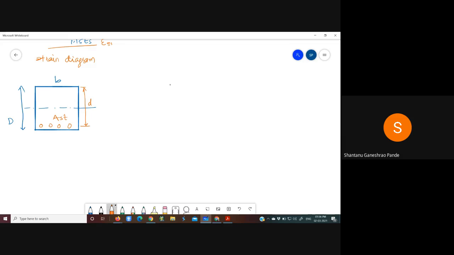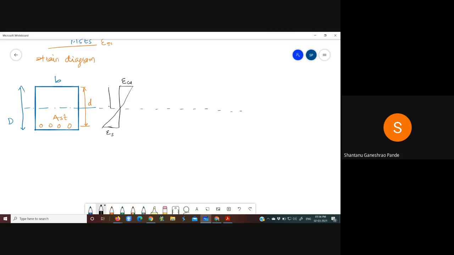And then I will draw the stress diagram. So this is epsilon cu and this is epsilon s.